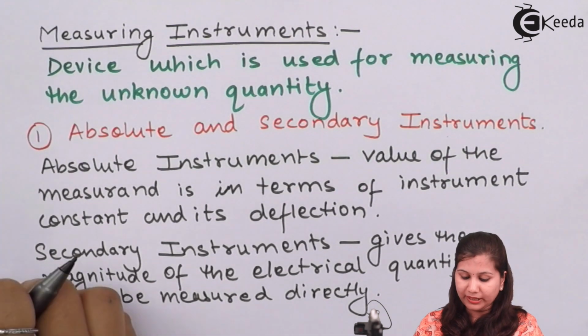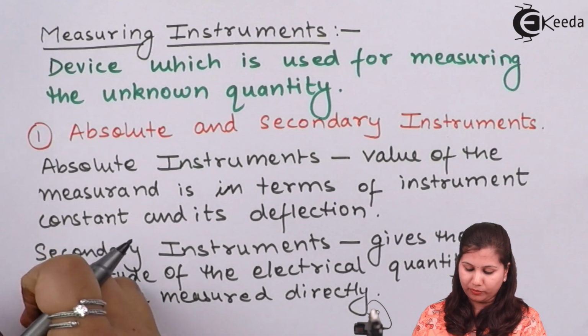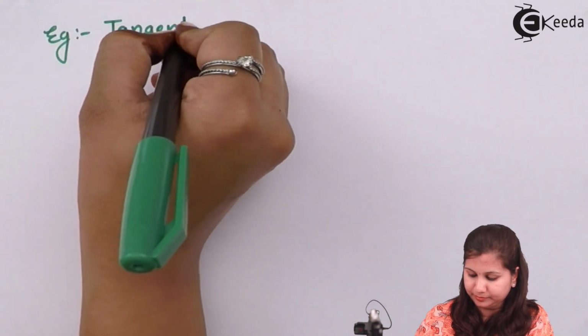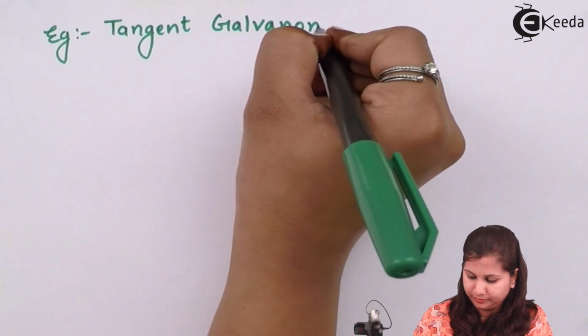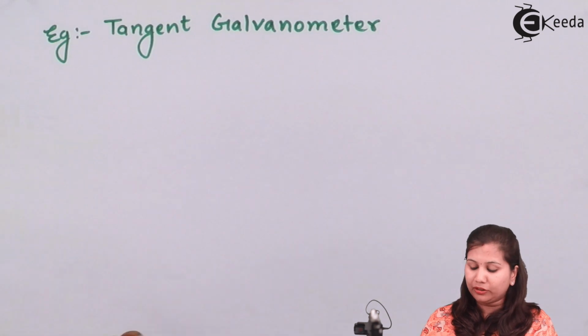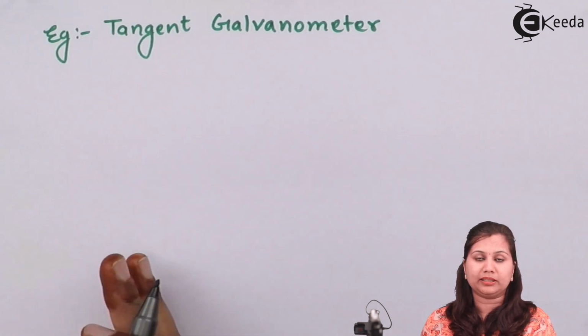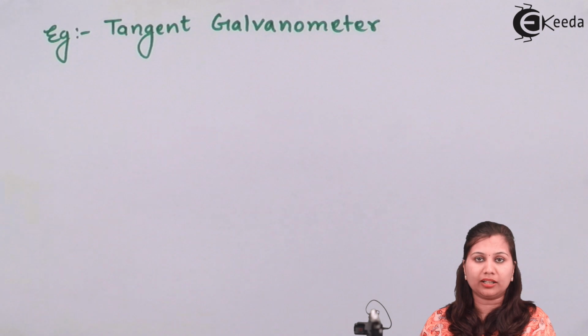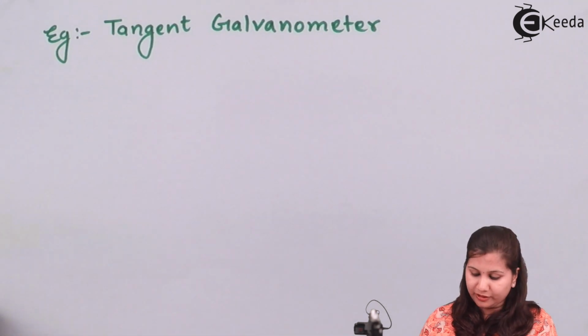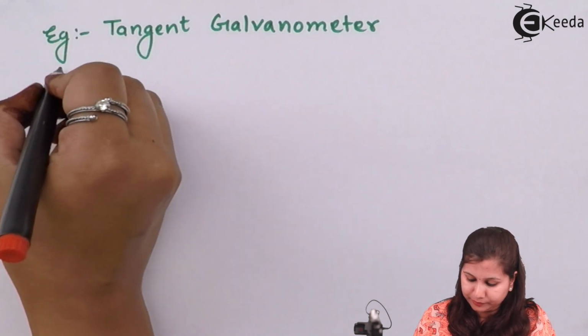Now, an example of an absolute instrument is the tangent galvanometer. It provides the value of the unknown quantity in terms of its constants.